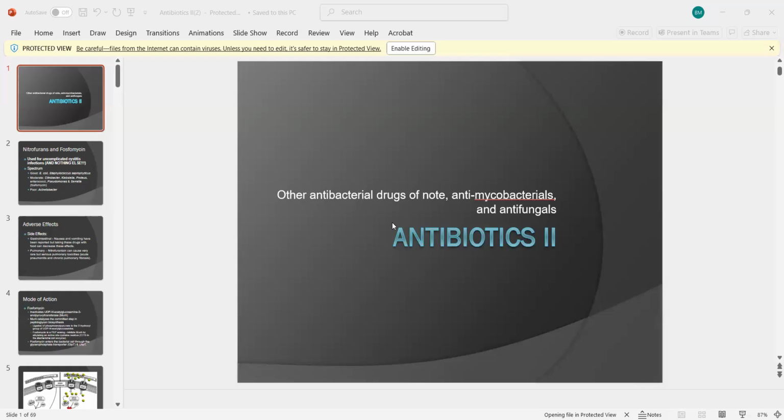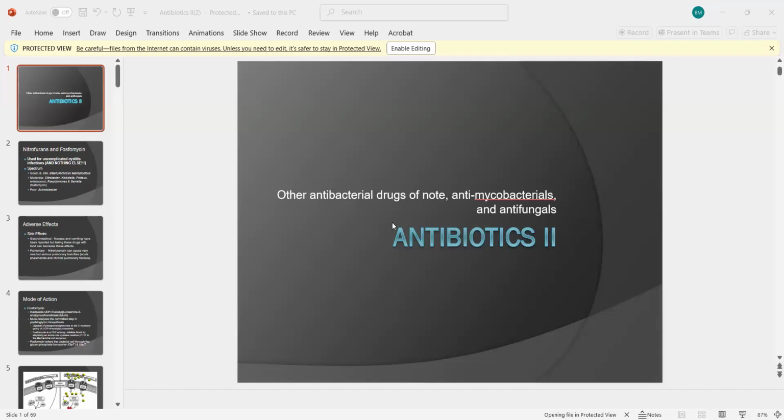So the sulfamethoxazole inhibits the dihydropteroate synthase, or DHPS.